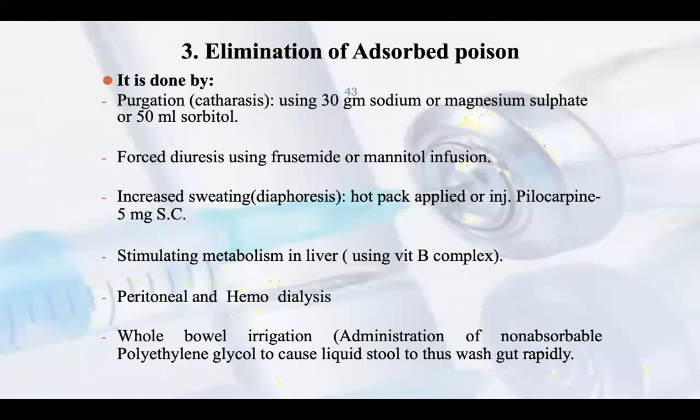Increased sweating, diaphoresis, hot pack applied or injection pilocarpine 5 milligram subcutaneous can be given. Stimulating metabolism in liver using vitamin B complex, peritoneal dialysis and hemodialysis, whole bowel irrigation, administration of non-absorbable polyethylene glycol to cause liquid stool and thus wash the gut rapidly.